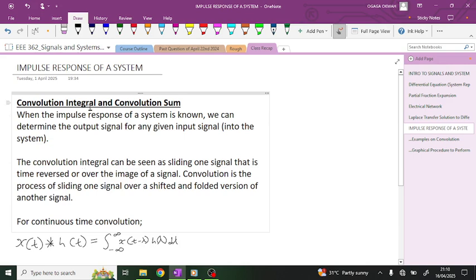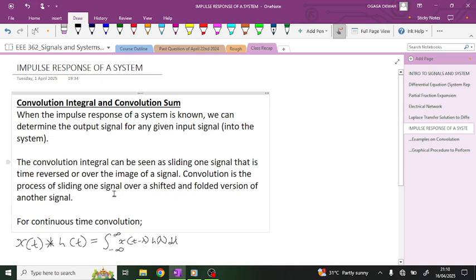So for the convolution integral and convolution sum, this is what we mean. When the impulse response of a system is known, we can determine the output signal for any given input signal into the system. The convolution integral can be seen as sliding one signal over the time-reversed, shifted image of another signal.